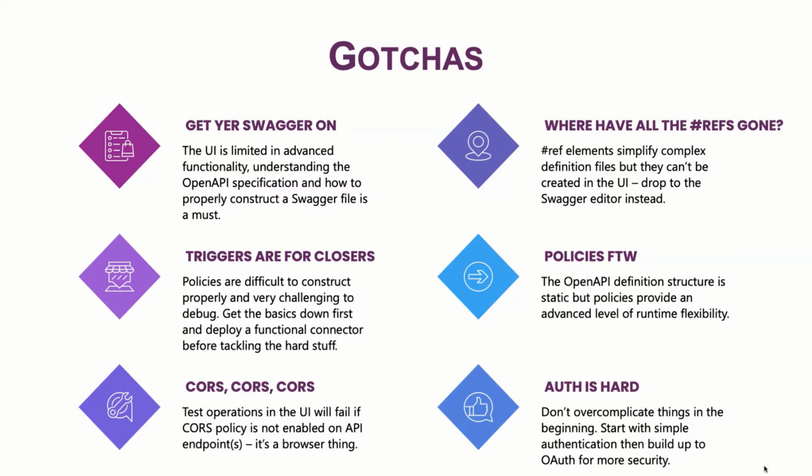Once you've got it working, then go back and graduate up to things like an API key. API keys are much easier to implement, pretty standardized. If you're going to need to do OAuth because the system demands it or your security requirements necessitate it, fine. At least you know that your spec is already working. Now you can go figure out how to implement the OpenAPI implementation of OAuth.